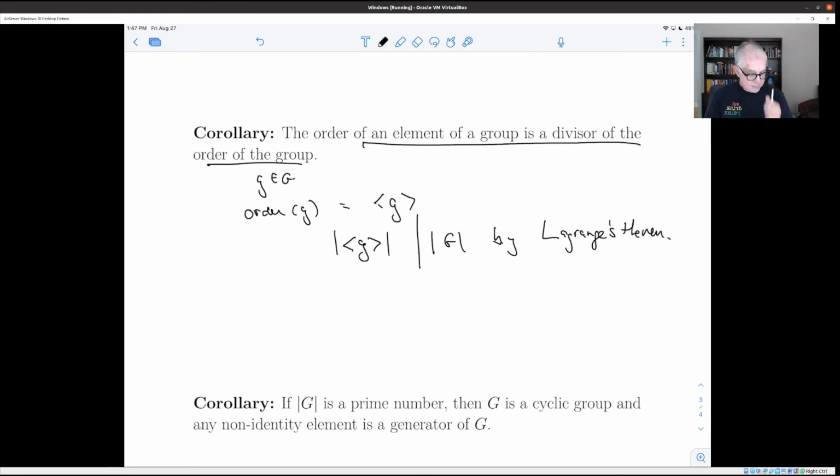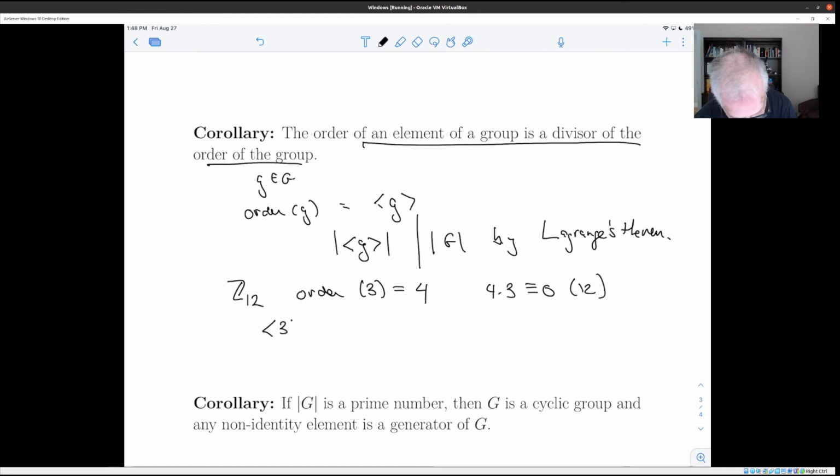So if you take, for example, Z mod 12, then the order of 3 is 4, because the smallest multiple of 3 which is 0 is 4. And just for the record, the index of the subgroup generated by 3 is 3, and the order of the subgroup generated by 3 is 4.